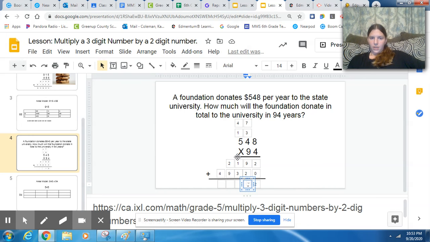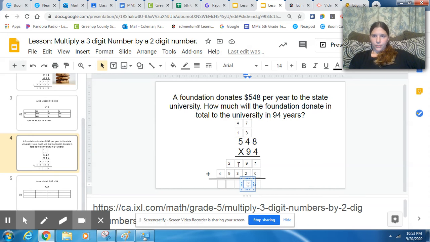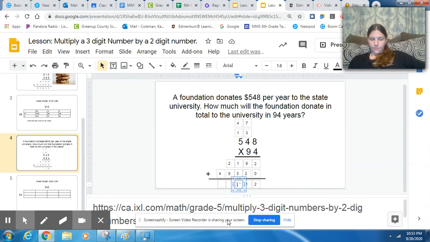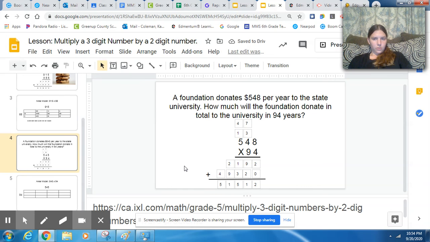So I'm going to have a 1 plus 1, which is 2, plus 3, which is 5. Then I have 9 plus 2, which is 11. Carry my 1. 1 would be above the 4. 1 plus 4 would be 5. Let me check this in my calculator just to make sure I worked it out correctly for you.